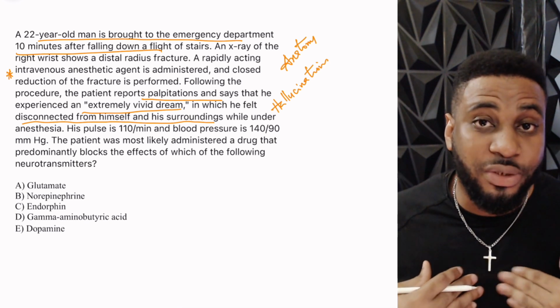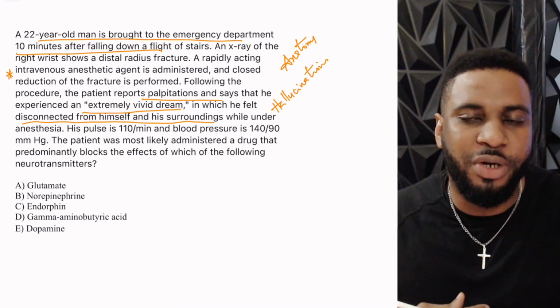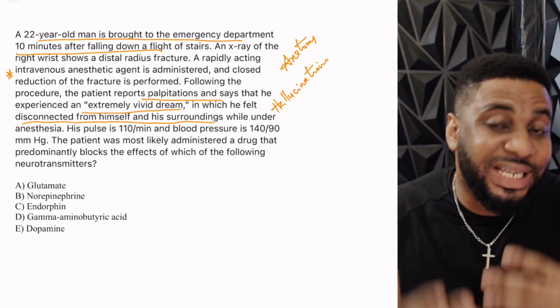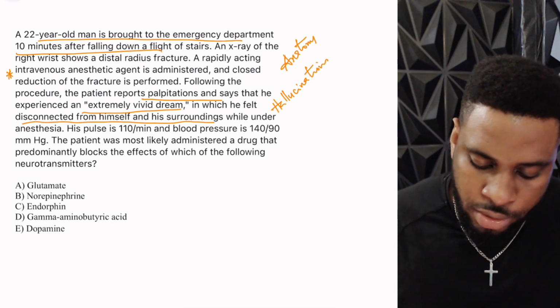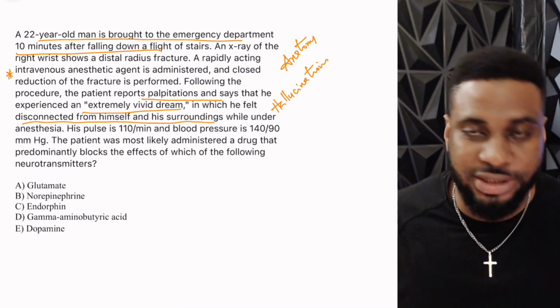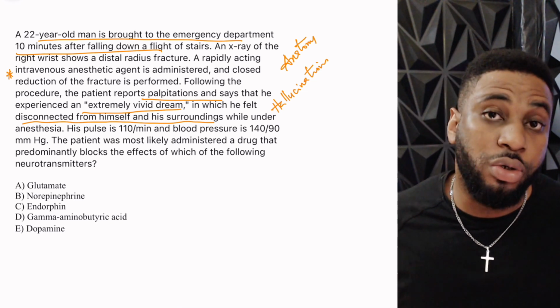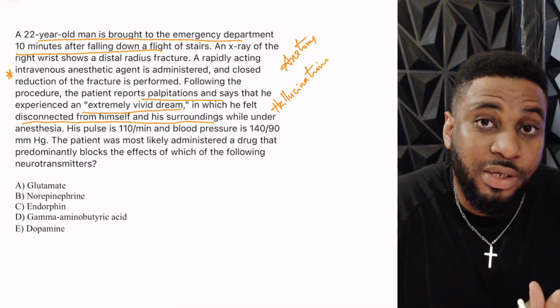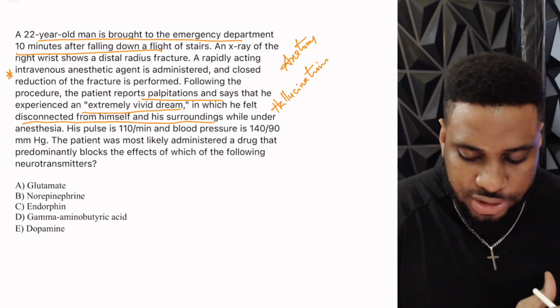You have to start asking yourself, why did he experience palpitations and vivid dreams? This is how you interpret vignettes, right? Disconnected from himself and his surroundings, he's having hallucinations while under anesthesia. So clearly we can conclude that his anesthetic agent is what is causing this presentation.